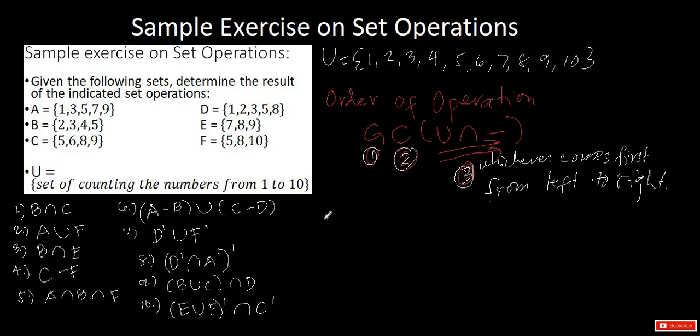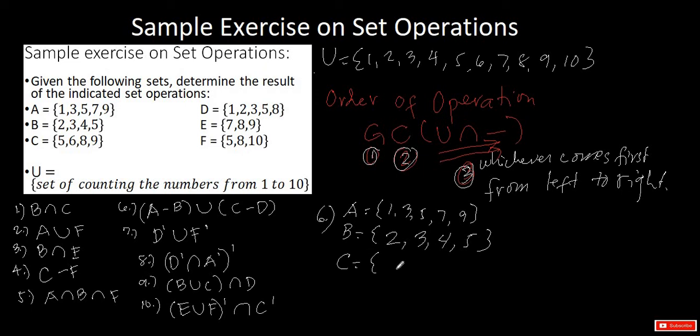Okay, let's try number 6, following this order of operations. Observe that the sets involved are: set A, containing the elements 1, 3, 5, 7, and 9. Set B, containing the elements 2, 3, 4, and 5.